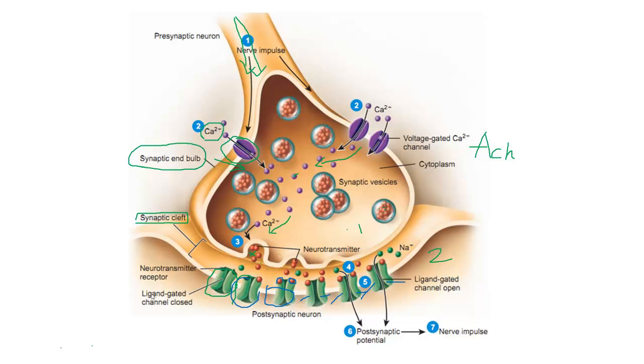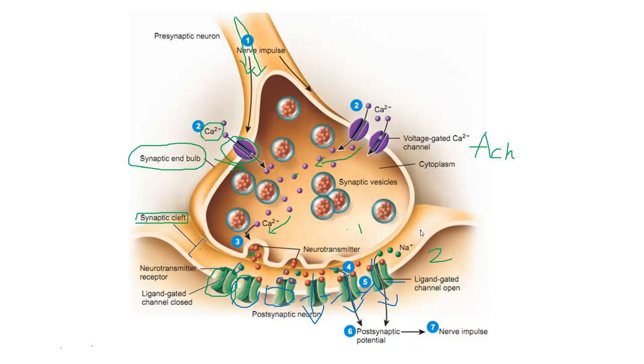Now, sodium is hanging out in the synaptic cleft. Green beads are sodium. So as soon as the sodium gates are opened, sodium is going to gush into neuron 2, aka the postsynaptic neuron.